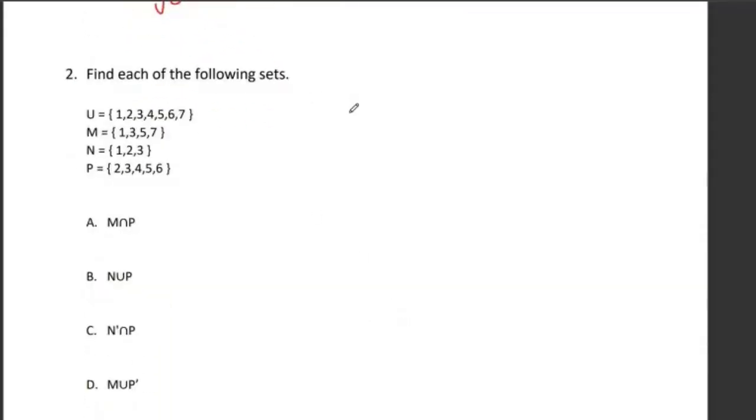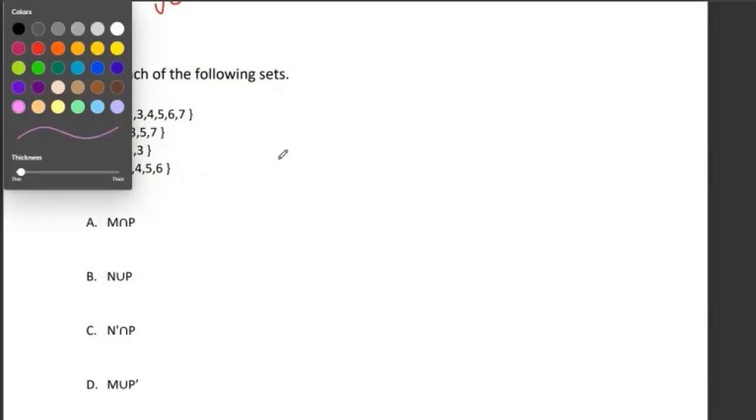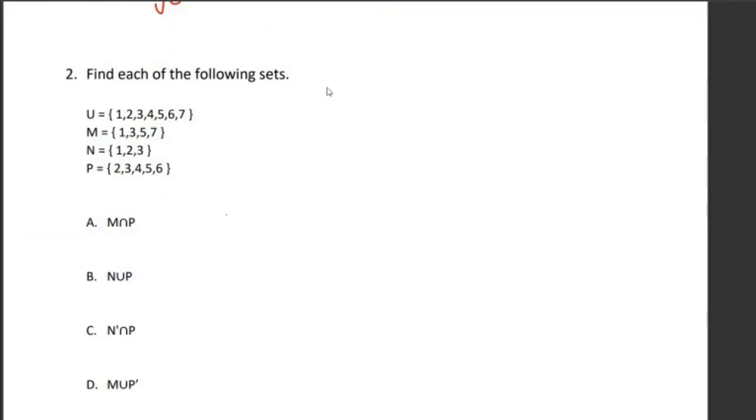Number 2, find each of the following sets. So here we are looking at the intersection and the union, and then down at the bottom we have a couple with the complement. So remember, intersection is represented with the upside down U, and it is the elements common to both sets.